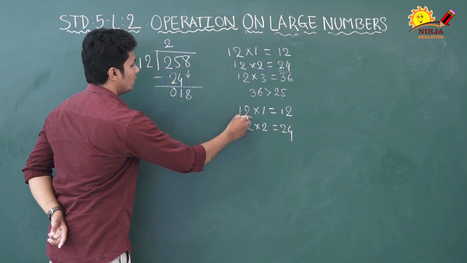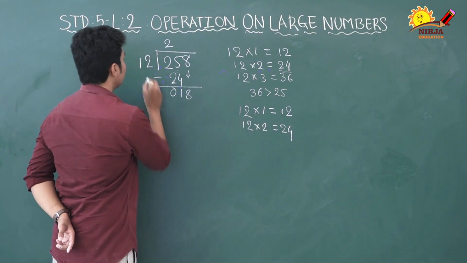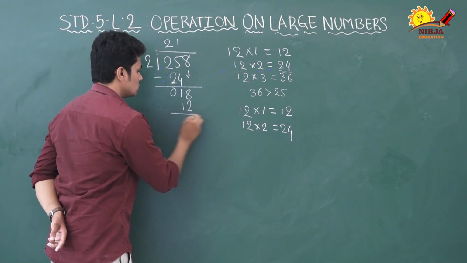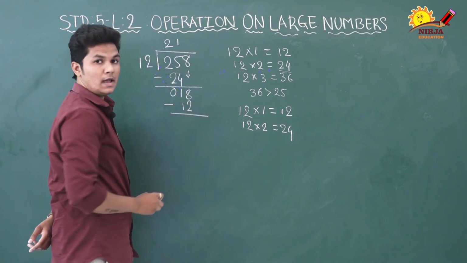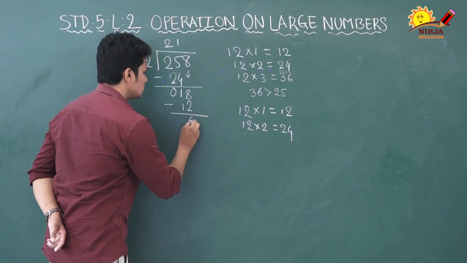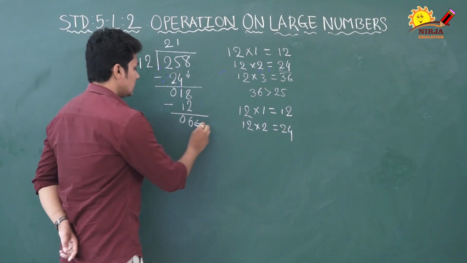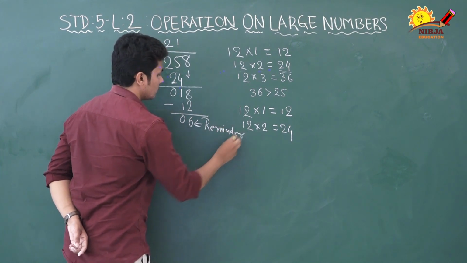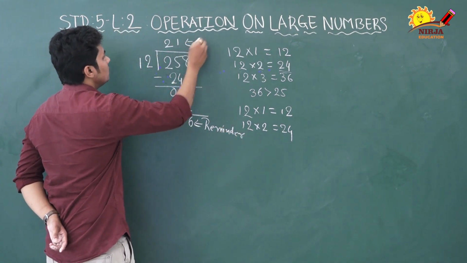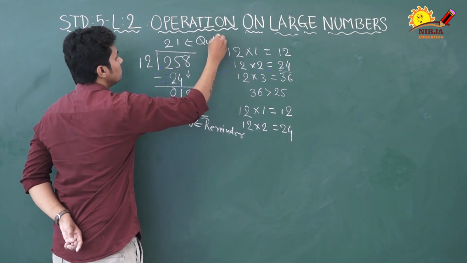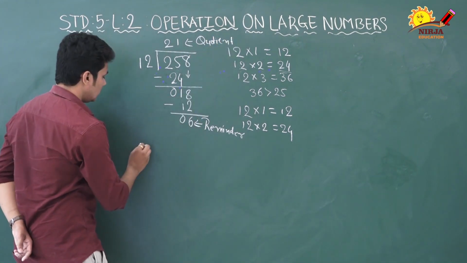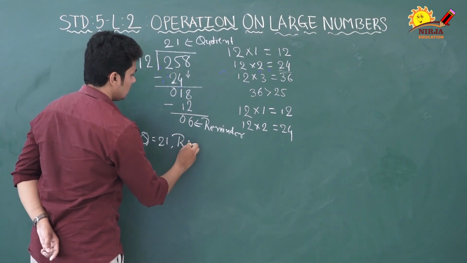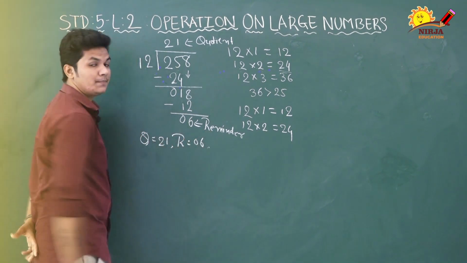So let's subtract 12 from 18, so we get 6. So 6 is the remainder. 21 is the quotient. So in this sum, the quotient is 21 and the remainder is 6.